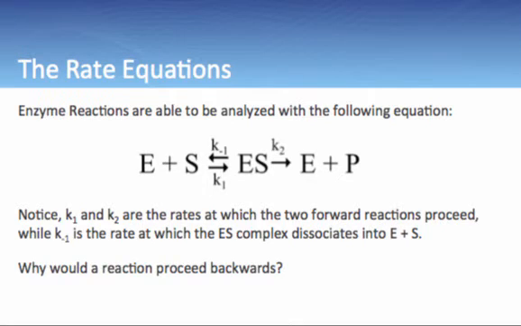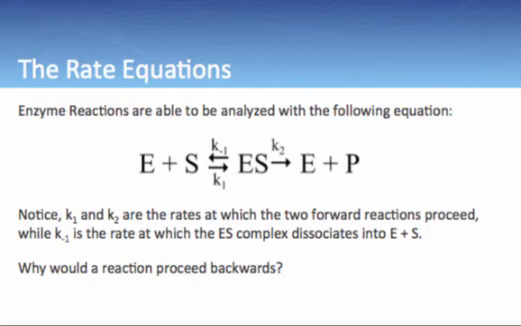These are actually rates for the forward and backward reactions that are shown there. We're able to understand that the enzyme plus substrate step moves forward to the enzyme substrate complex step. Then this can either dissociate back into the enzyme plus the substrate, or it can release the product, and then the enzyme is, of course, reformed.